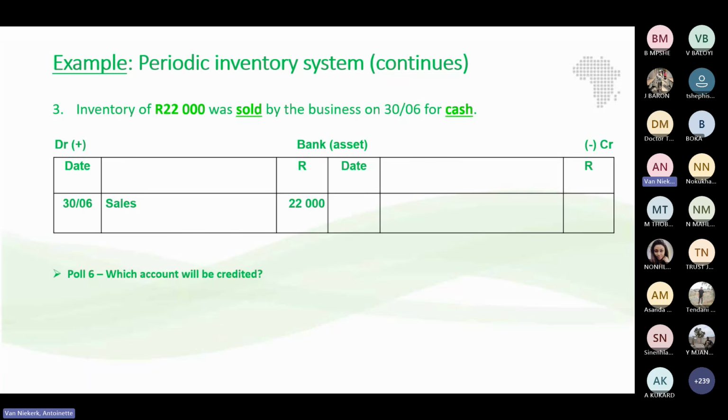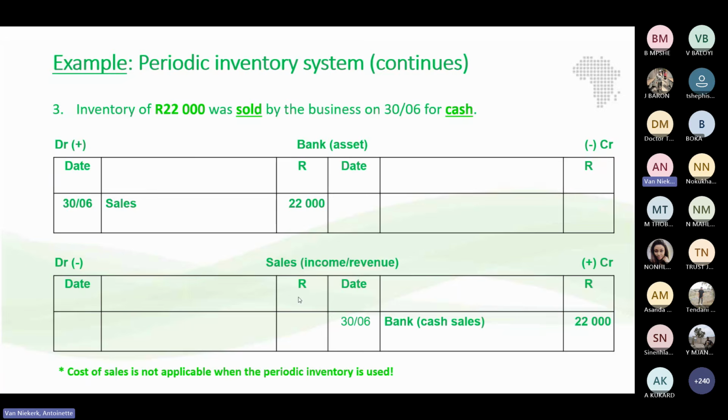Wow, wonderful. Congratulations, everyone. I'm very impressed. Sales, you are 100% correct. Your sales account, which is also referred to as your revenue account, is an income account. It increases on your credit side and decreases on your debit side.